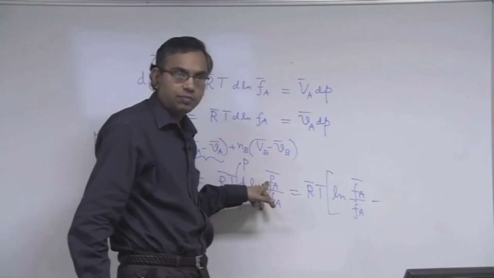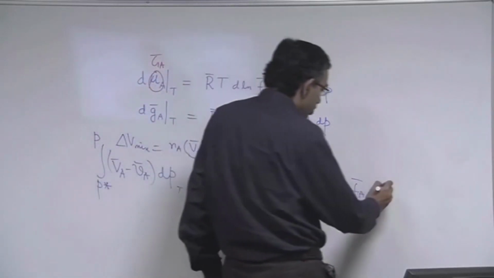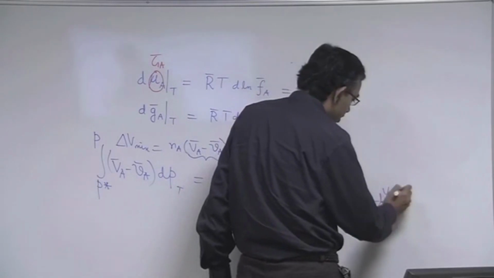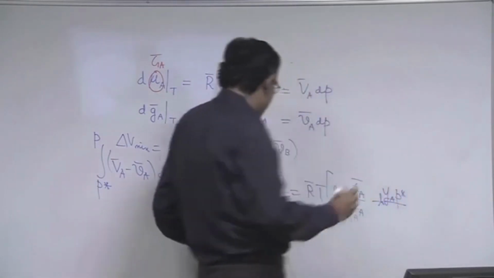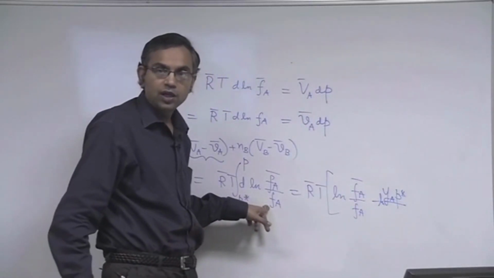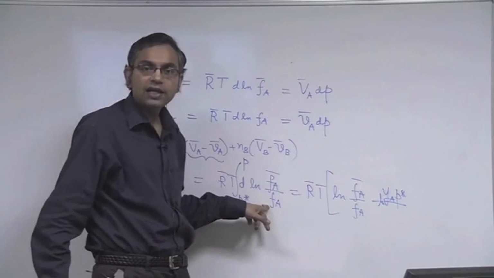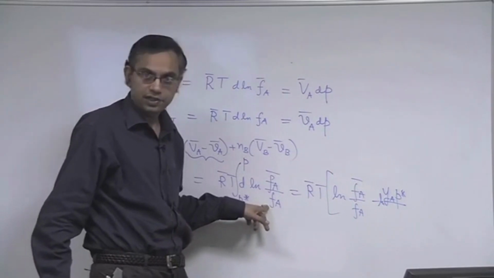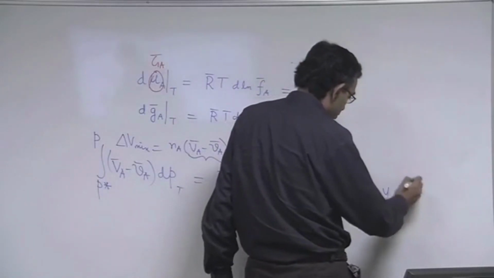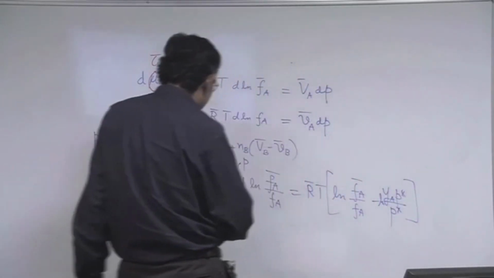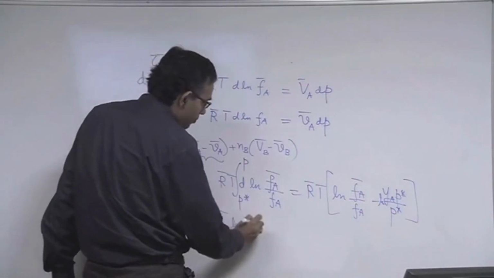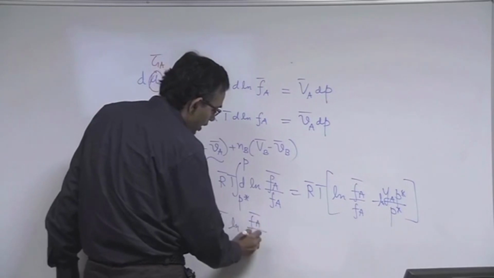Y A into P star, mole fraction into the total pressure, ln Y A into P star divided by what is F A? P star, that is a pure component. For a pure component, fugacity at ideal gas state is same as pressure. So this is RT ln F bar A by Y A F A.